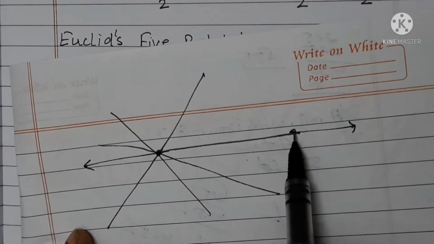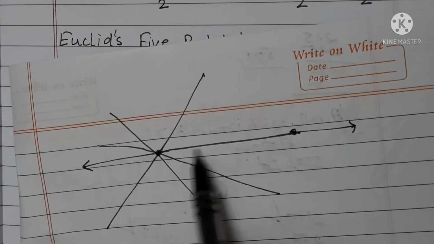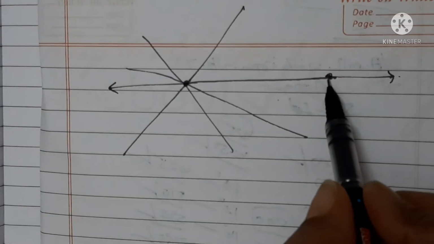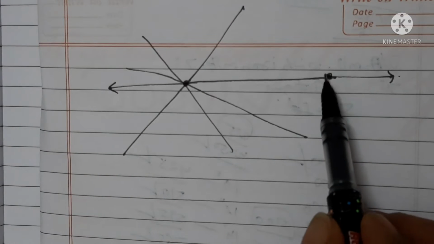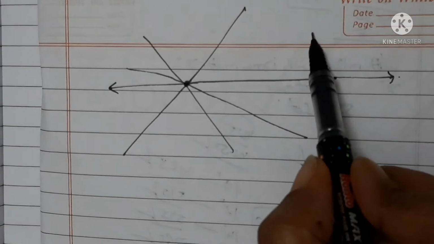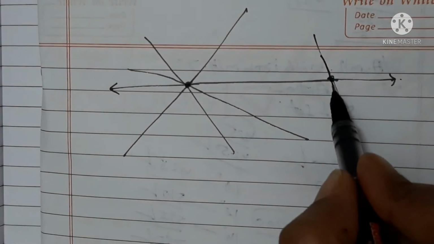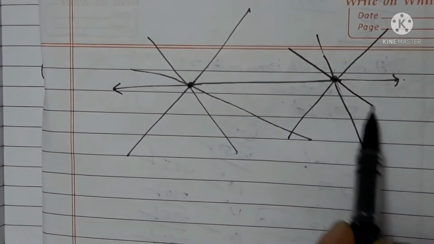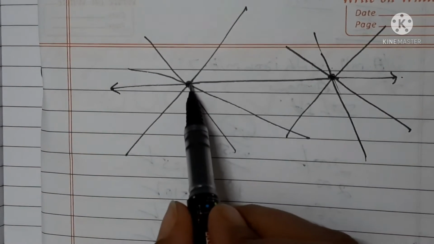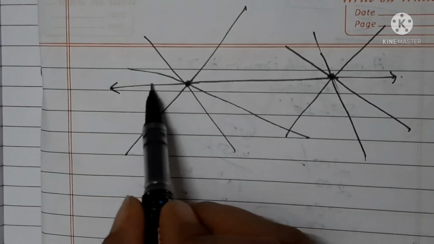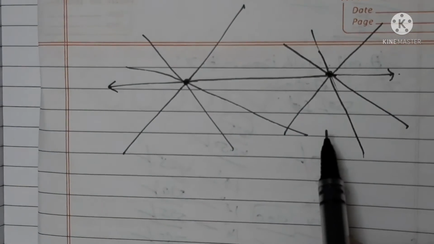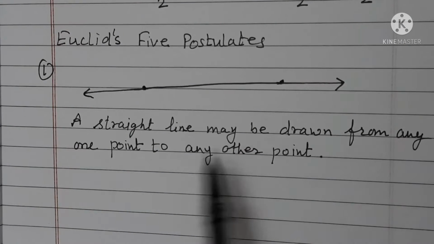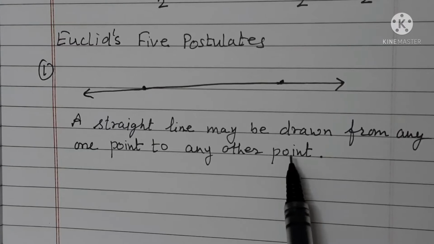So any 2 points you can form only one line. Now if you take this point and draw lines to any other point, only one line you can draw. So it means a straight line may be drawn from any one point to any other point.